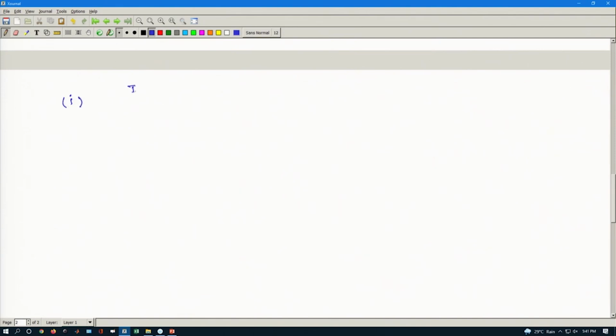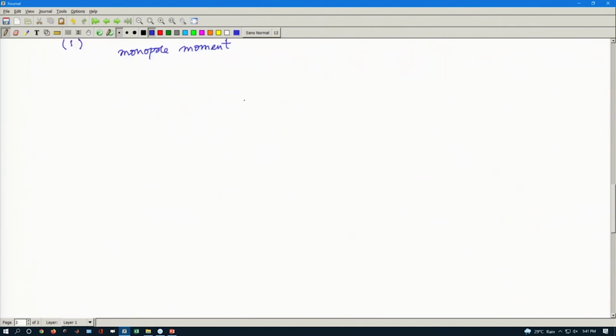So, first let us calculate the monopole moment for case 1. In general, the monopole moment is nothing but the total charge. So, Q is the monopole moment and it is defined as the integral of rho of r prime dV.